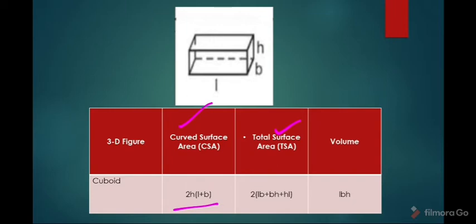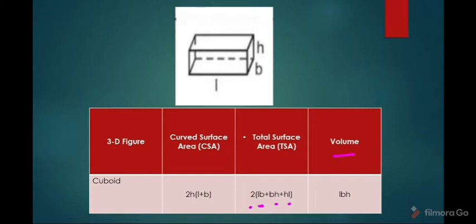Total surface area means the area of the whole cuboid, and the formula is 2 into length into breadth plus breadth into height plus height into length.